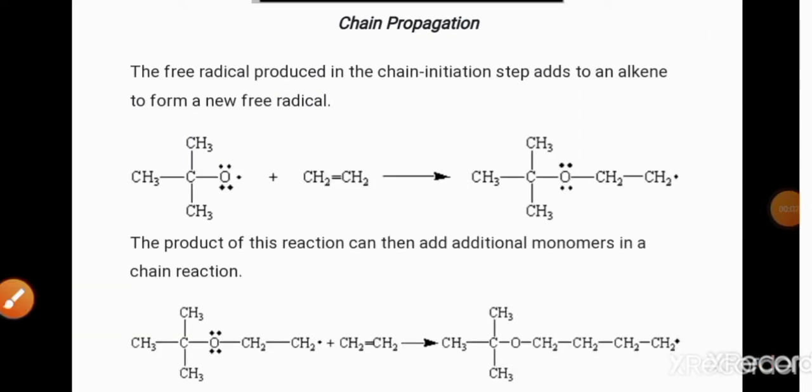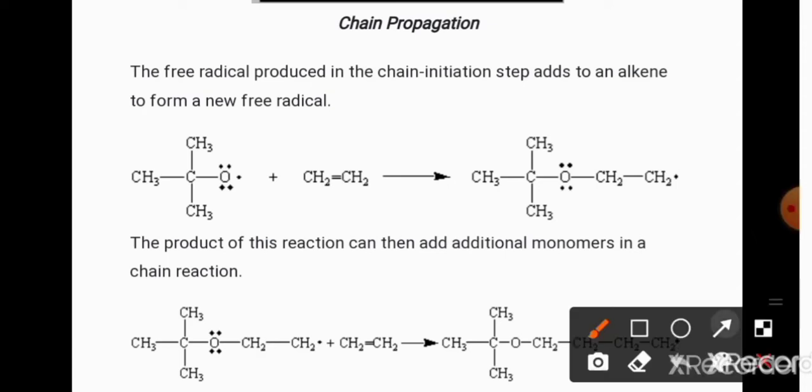The next step is the chain propagation step, in which the free radical formed in the chain initiation step combines with the first molecule of ethylene to form a free radical. Students, in this step, you can see this double bond gets converted into a single bond, and both the electrons get similarly distributed between both the carbons of CH2=CH2.